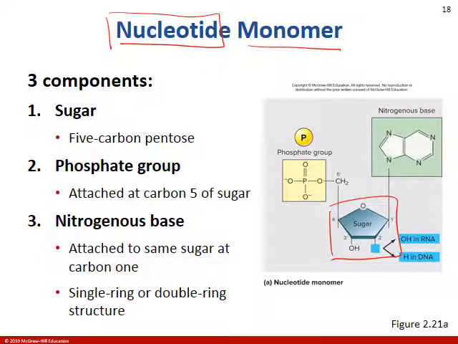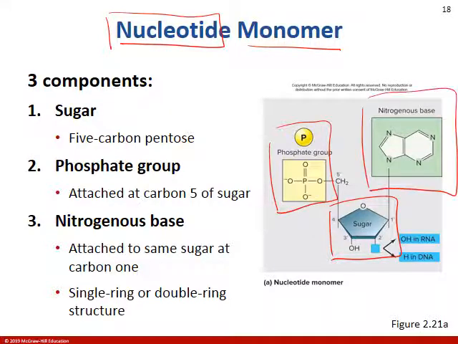There's always a sugar, then a phosphate group, and then a nitrogenous base. We'll talk about some of these bases in just a second. And remember, if I have nucleotide 1 plus nucleotide 2 and put them together, that forms a nucleic acid, which is the polymer.